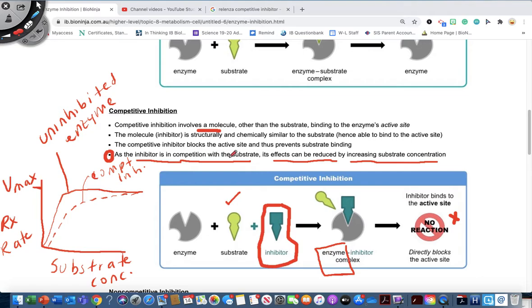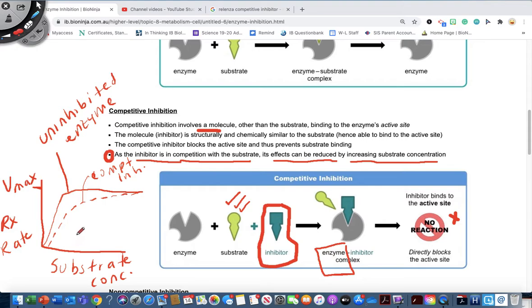As the inhibitor is in competition with the substrate, its effects can be reduced by increasing the substrate concentration. So if I increase the substrate concentration in the presence of an enzyme inhibitor, eventually I will reach Vmax, right? Because if I add more of this substrate, there's a greater chance for that substrate to form an enzyme-substrate complex, even if an inhibitor is there.